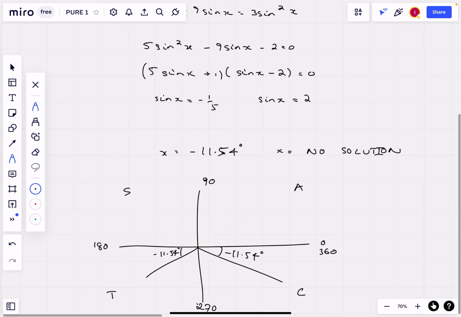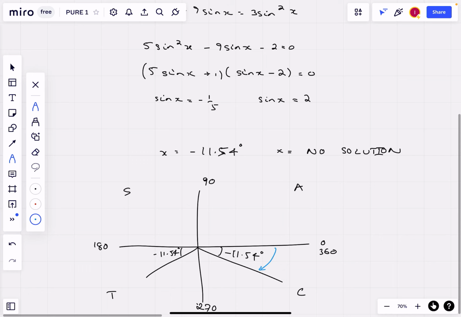The question says the interval is from minus 180 to 180. So we're going to draw our arrows, but we're going to do them in two separate directions. One direction is going to be clockwise, the other one is going to be anti-clockwise. Usually we go anti-clockwise in the positive direction. We can also go minus 180, so the negative direction.